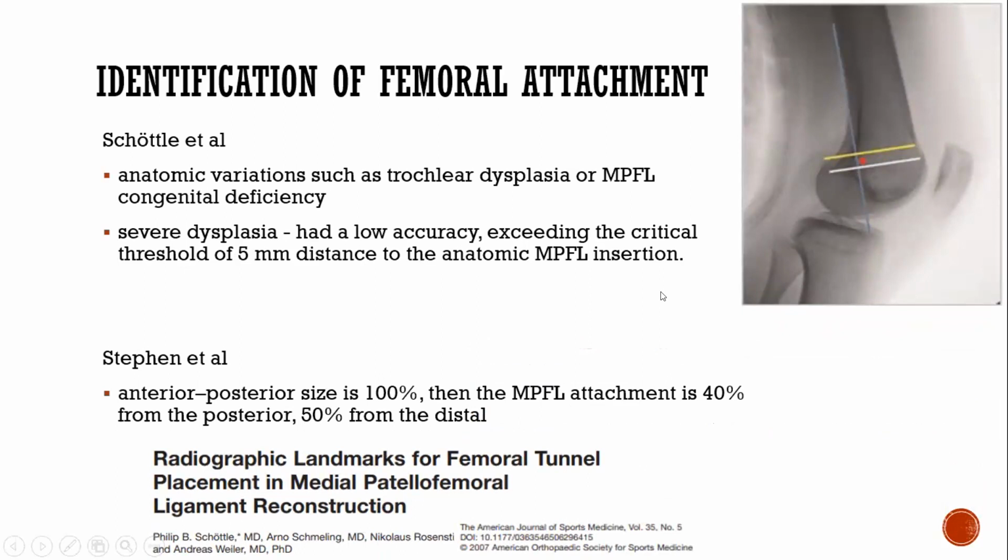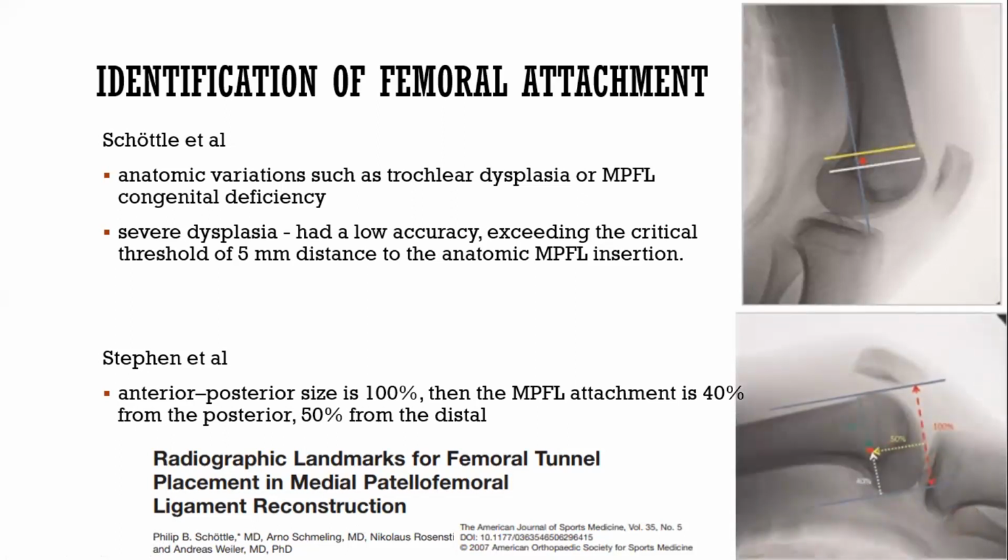The drawback is Schottle's works very well in normal femoral anatomy, and if there are any anatomic variations such as trochlear dysplasia or congenital MPFL deficiency, it is a little difficult to find out. And it has been reported to have low accuracy, exceeding the critical threshold of 5 mm distance to maintain the anatomical MPFL insertion.